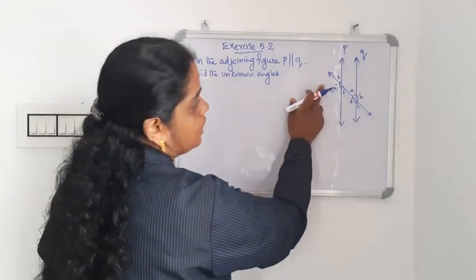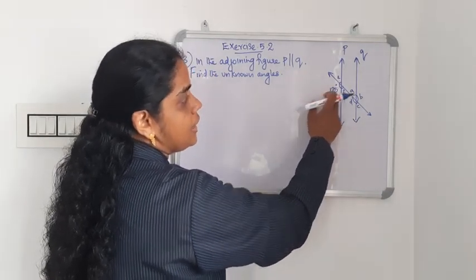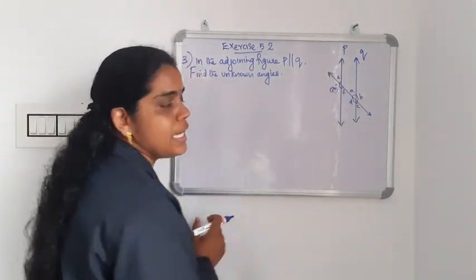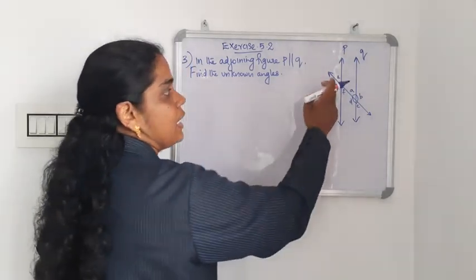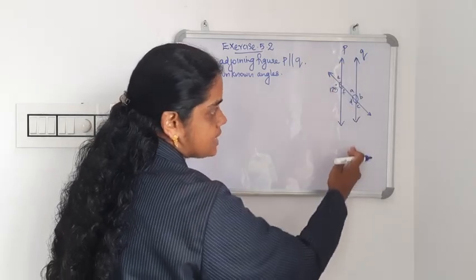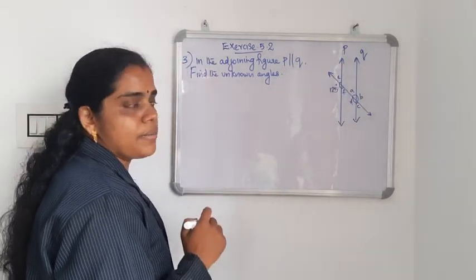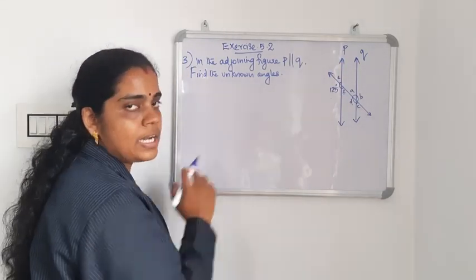So here this angle is 125 degree and here it forms a linear pair. 125 and angle E, and this is a straight line. So here it forms a linear pair. Linear pair means it forms 180 degree.